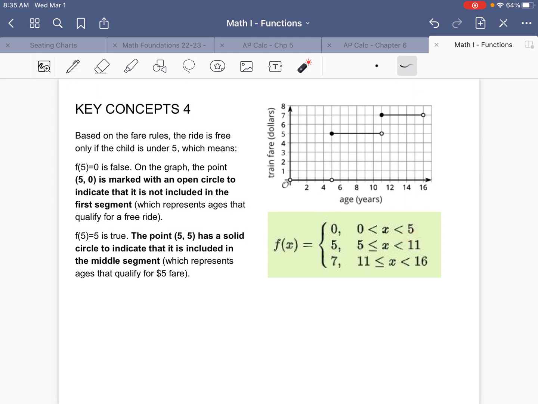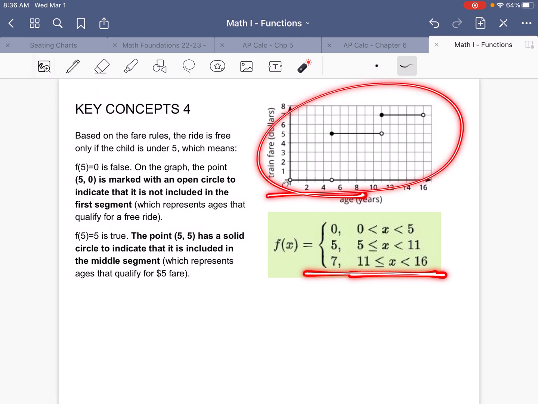And if they're 5, we have to jump to this next level. So it's $5 when x is greater than or equal to 5, but less than 11. So at 5 and up to 11, and then at 11 we jump to the next level again. So you can see on the graph, open circle, jump to the next level. That's shown by this. It's less than and then less than or equal.